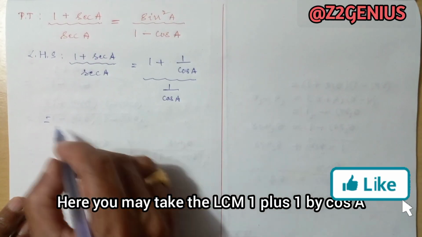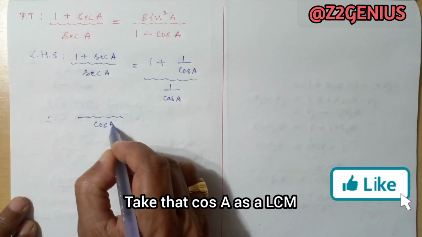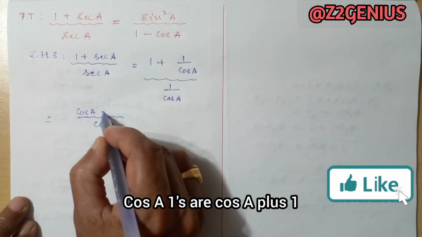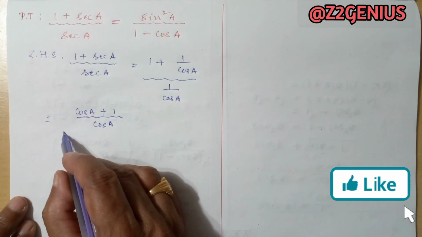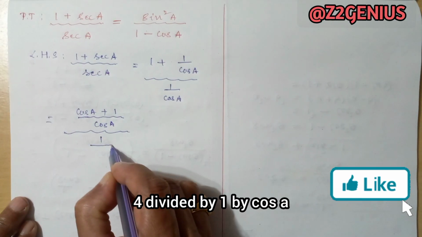Cos A is the LCM, so (cos A plus 1) over cos A, the whole divided by 1 by cos A.